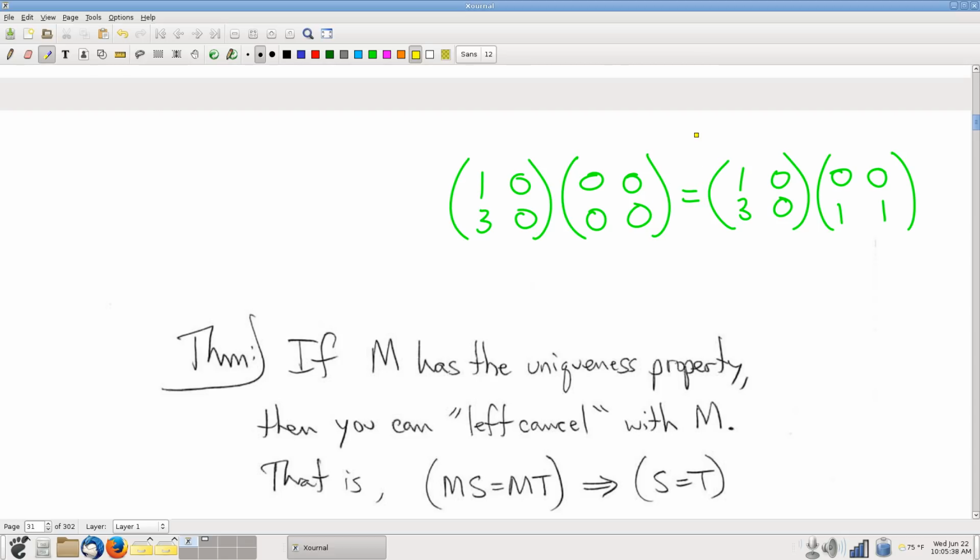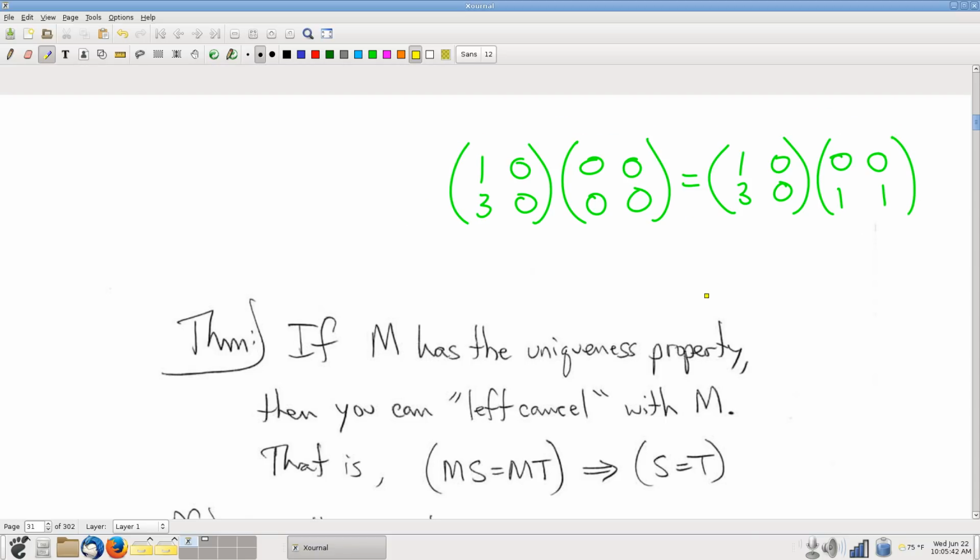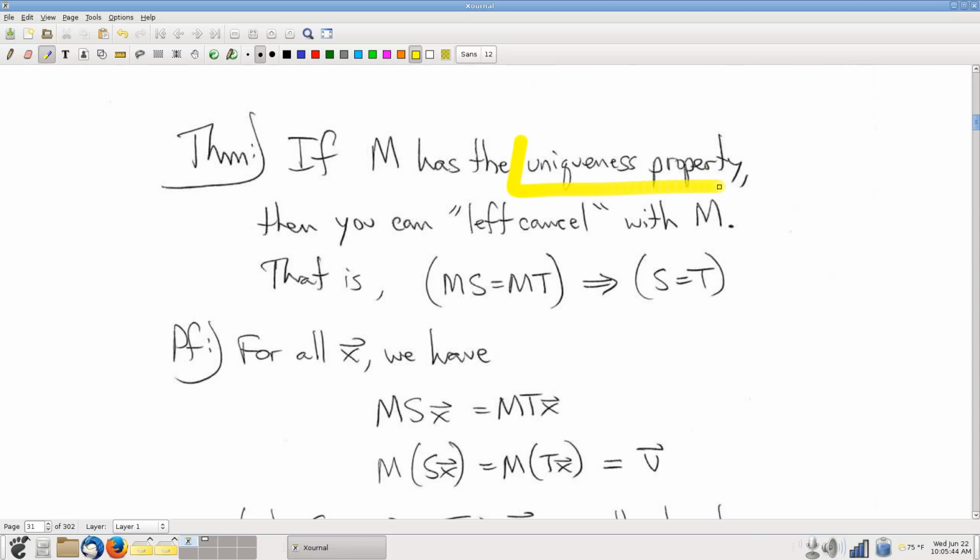Okay, so we want to worry about problems of this sort, and let's see now how it is that the uniqueness property protects us from this.